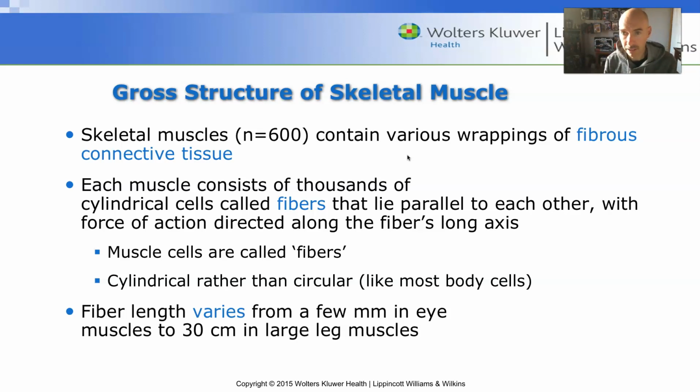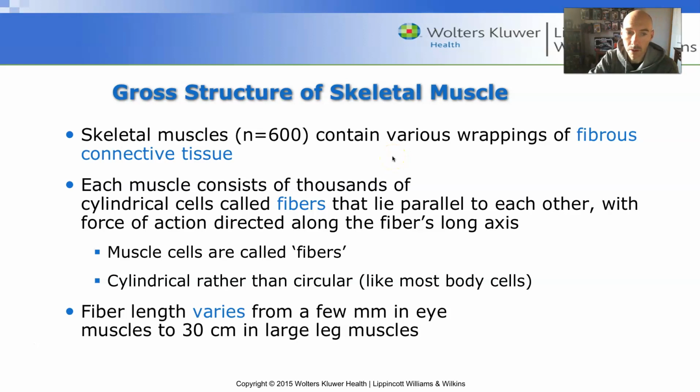Different types of connective tissue are tendons, ligaments, and then fascia, which is the layer that wraps the muscle, and then ultimately fuses together into a tendon which attaches to the bone. It is through the connective tissue that we produce movement, because as the muscle contracts, that force is transmitted to the bone via the connective tissue, and that makes the bone move, okay?